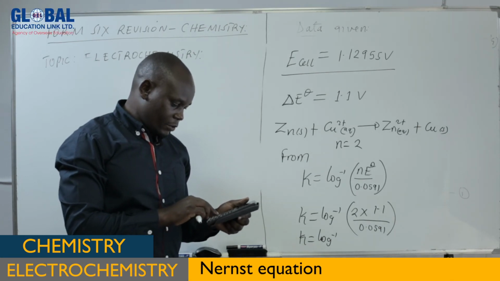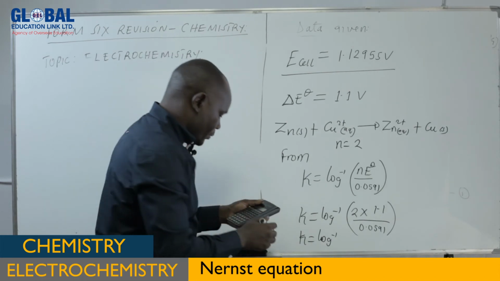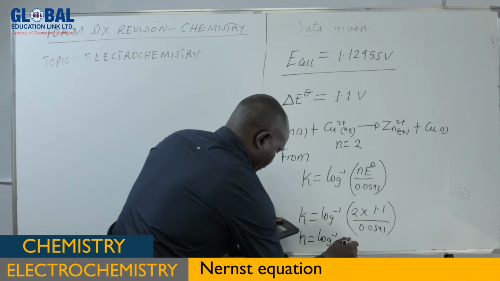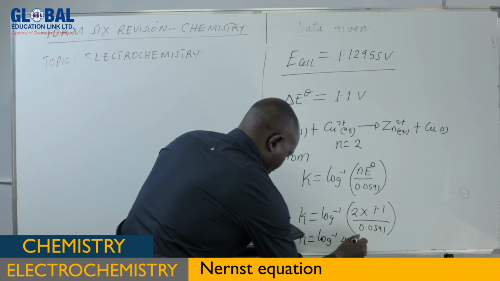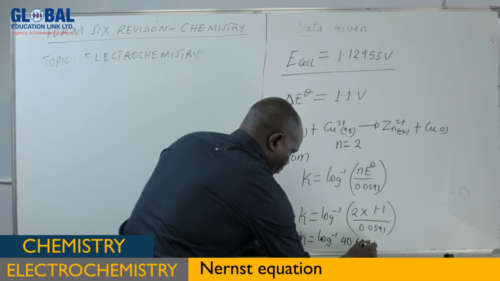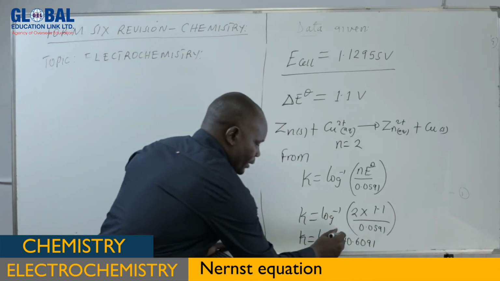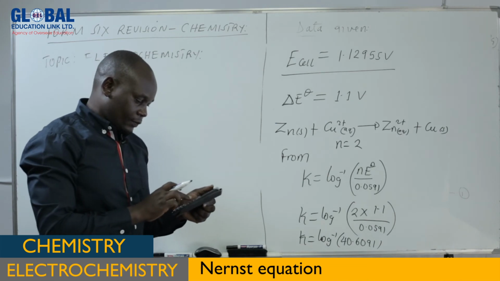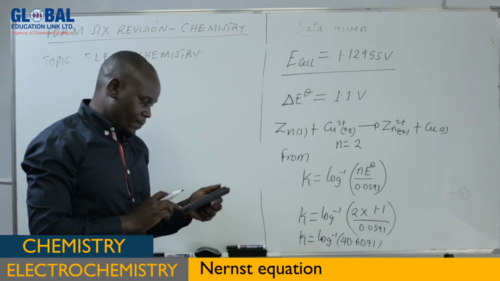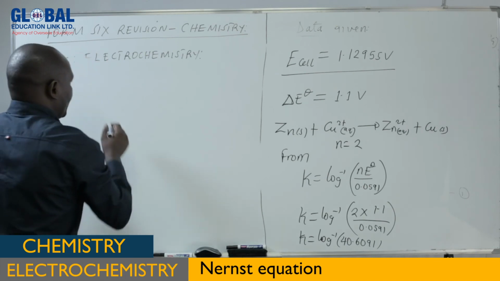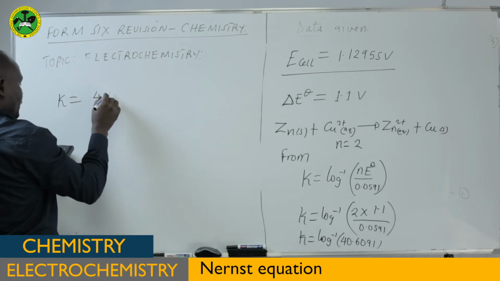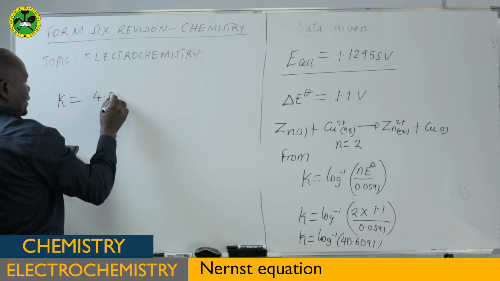Here you get the answer, which is approximately 40.6091. Now find the log inverse of this answer. You just use your calculator, then you'll have K equal to 4.06.